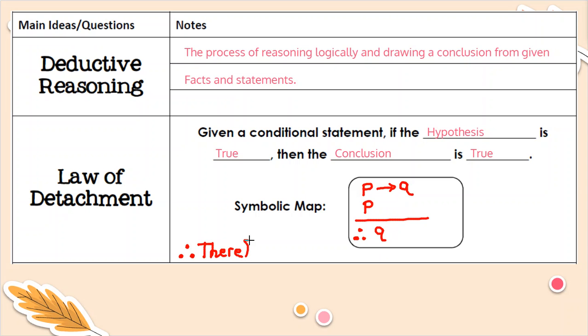It means that from this I can draw the conclusion that. Okay, therefore. All right, so let's take a look at a couple of examples. Feel free to pause this if you need another moment to write it down.